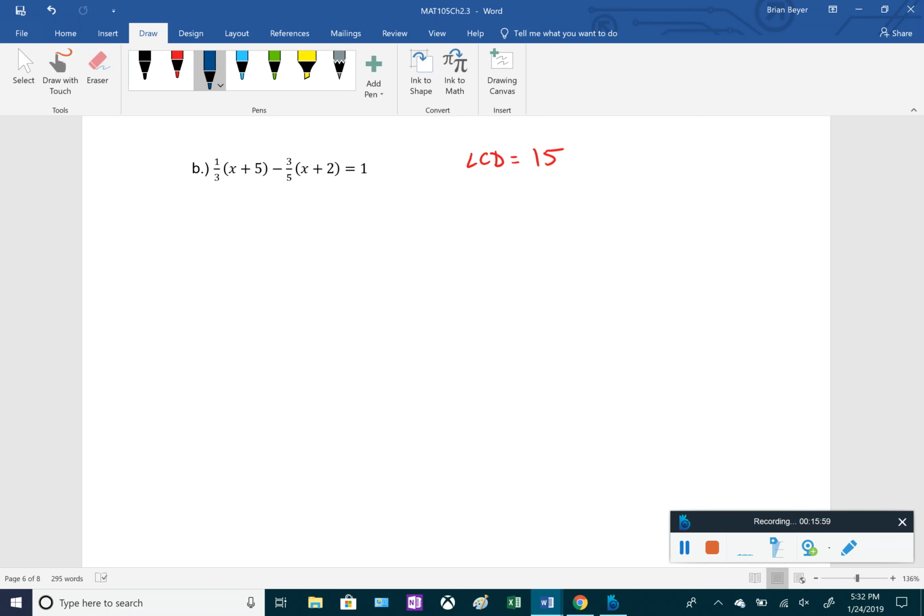So we're going to multiply both sides by 15 here. So I'm going to just rewrite it so I have some room. So when we multiply both sides by 15, on the right-hand side, it's pretty obvious that we're going to end up with just a 15 because we have 1 times 15.